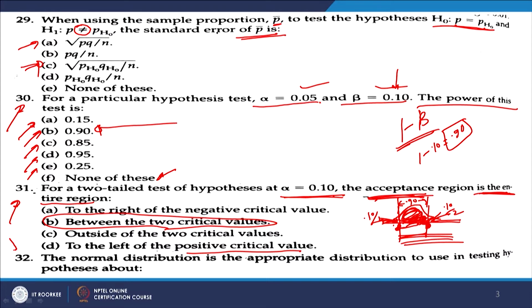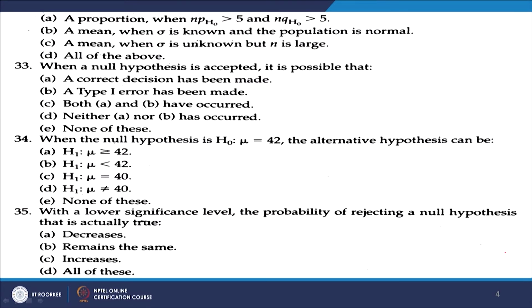Let us look at the next question. The normal distribution is the appropriate distribution to use in testing hypotheses about what? The normal distribution is appropriate for testing a hypothesis about a proportion when n p h naught is greater than 5 and n q h naught is greater than 5. The second option is a mean when the standard deviation is unknown and the population is normal.